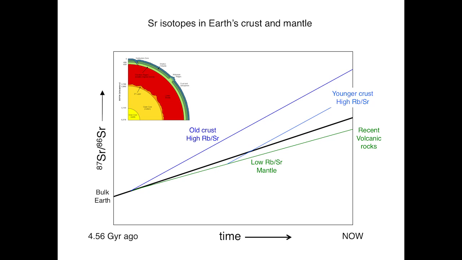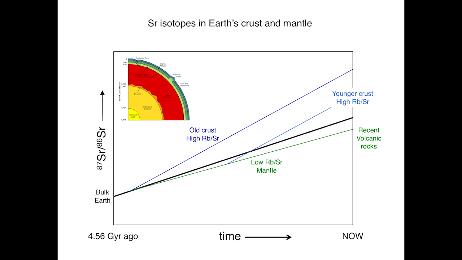So that started maybe 4 billion years ago, perhaps, maybe even earlier, maybe a bit later. And if we had some notional bulk Earth evolution, that would be this black line. So this ratio goes up through time from the beginning of the Earth to now because rubidium is decaying. How fast it goes up depends on how much rubidium relative to strontium there is in the bulk Earth.